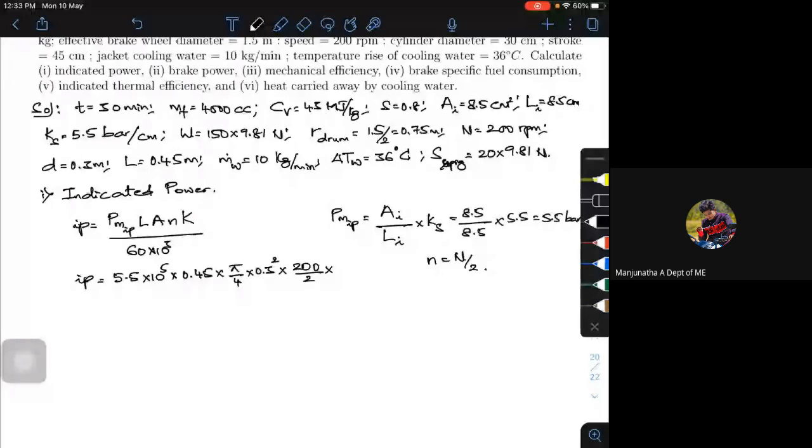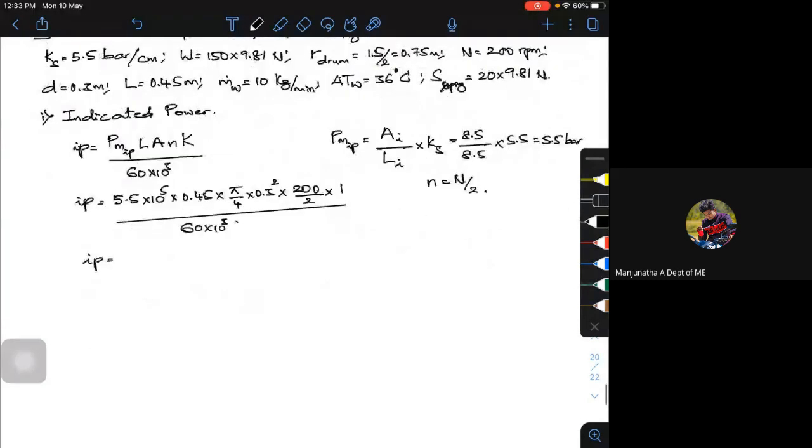The whole thing is divided by 60 into 10 to the power of 3, so that your IP is equal to so many kilowatts. Let me substitute everything. I'm getting around 29.16 kilowatts, just rounding off to 2 decimals. You may be getting 29.5 or something. Okay, this is your indicated power.